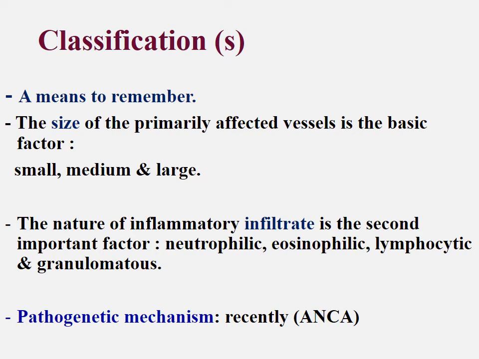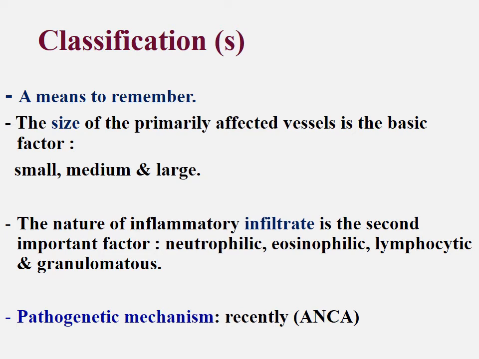Anyhow, the major factor in all the classifications of vasculitis is the size of the primary affected vessel. This is the basic factor. Is it small, medium, large? Is it a venule, arteriole, or larger vessel, as we explained before? And then we may add to this base the major inflammatory cell in the infiltrate.